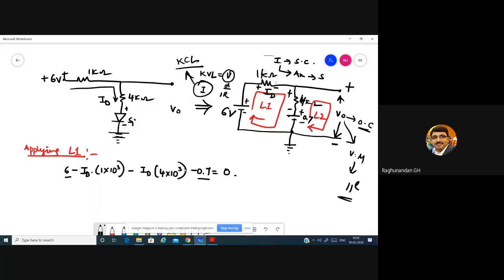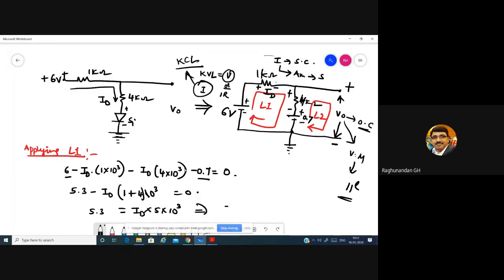So 6 minus 0.7 is 5.3, minus ID into, in these two I can take 1 plus 4, and 10 to the power of 3 common, equal to 0. So 5.3 is equal to ID into 5 into 10 to the power of 3.